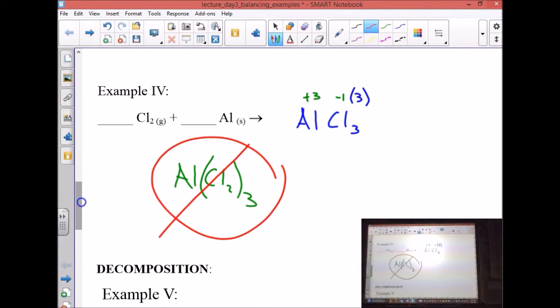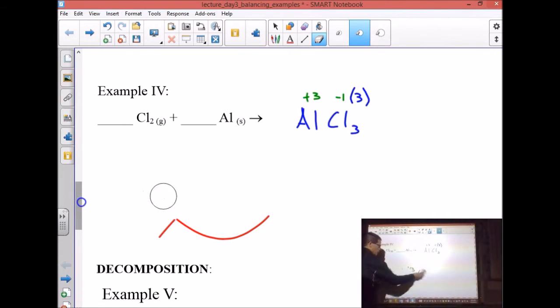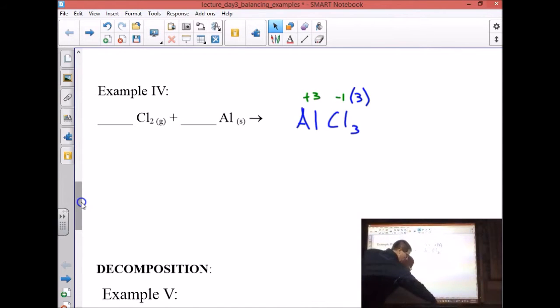Bad. No such critter. We do not have a polyatomic as Cl2. The only time you use parentheses is to show more than one polyatomic. So today, you should not have parentheses. The reason why I said that is because that is what has happened in the past.